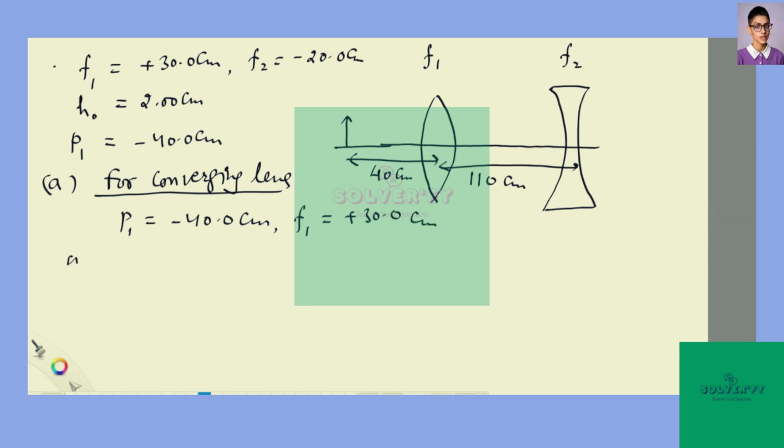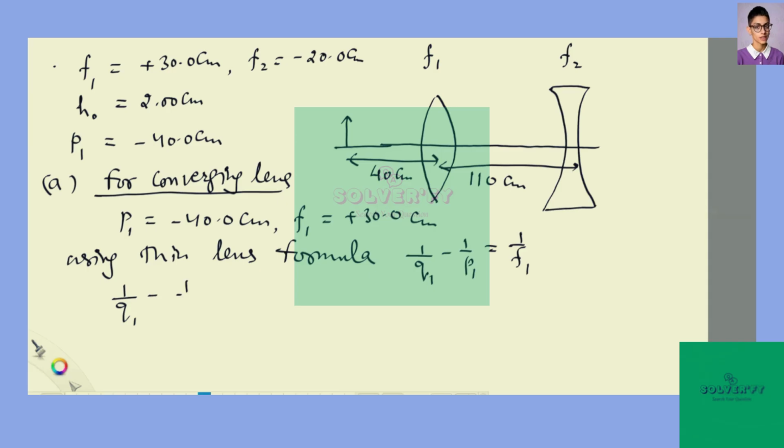So using the thin lens formula, 1 by Q1 minus 1 by P1, where Q is the distance of the image from the lens, is equal to 1 by F1. So putting the known values, Q1 is unknown, minus 1 by minus 40 is equal to 1 by 30.